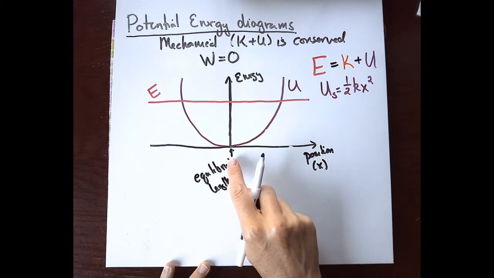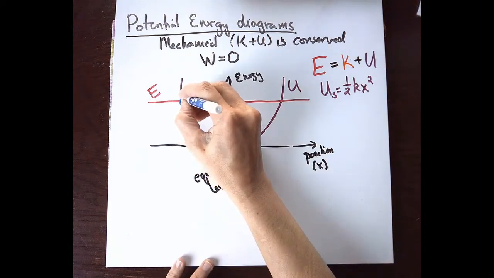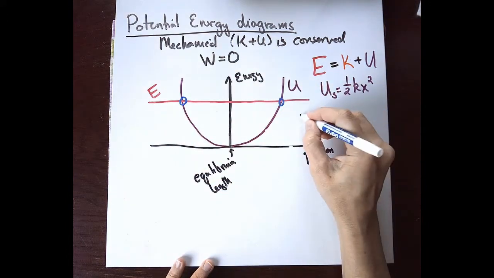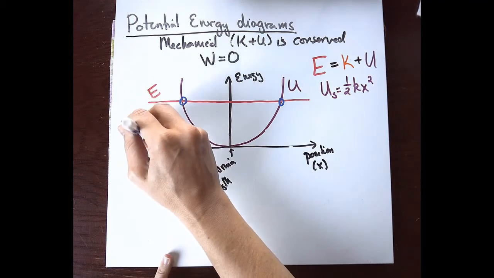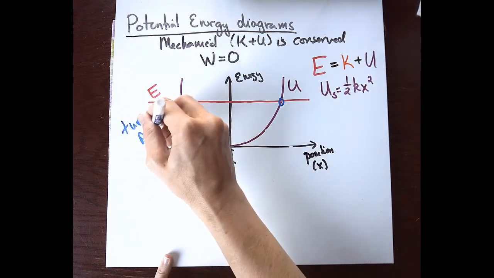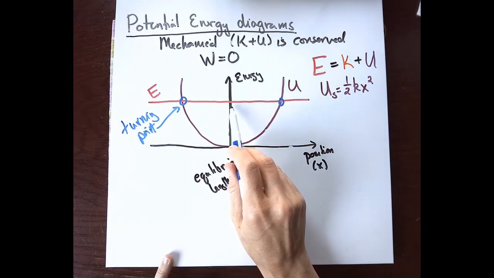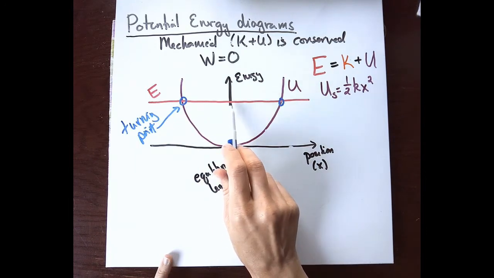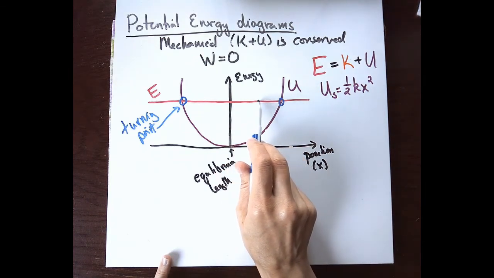Okay, so things that we can find. We've got 2 turning points right there. So there's a turning point, there's a turning point. As the name suggests, that is where you have your little mass on the spring, starts at equilibrium, you stretch it out here maybe, and you let it go, and the spring will pull back.